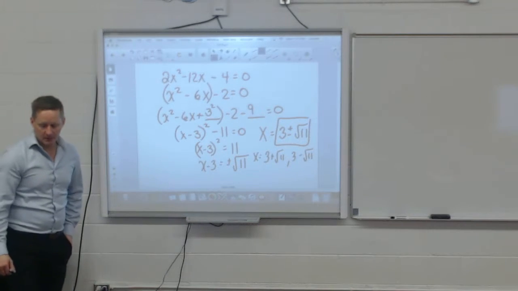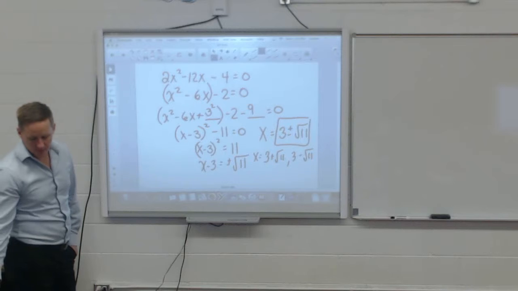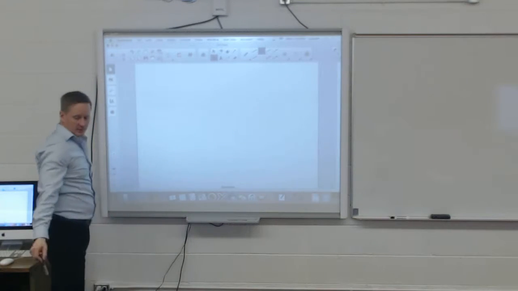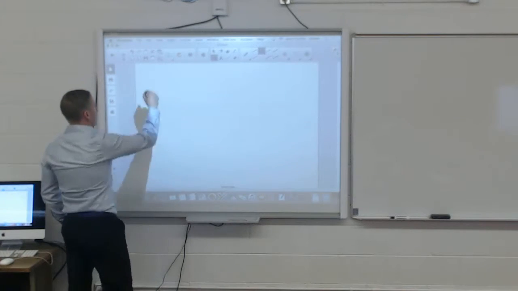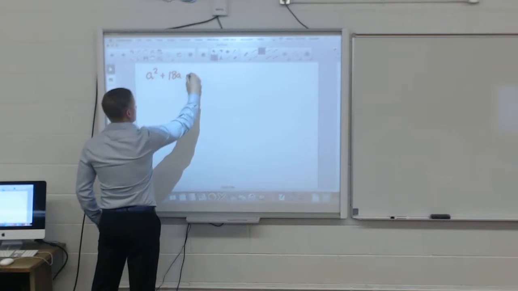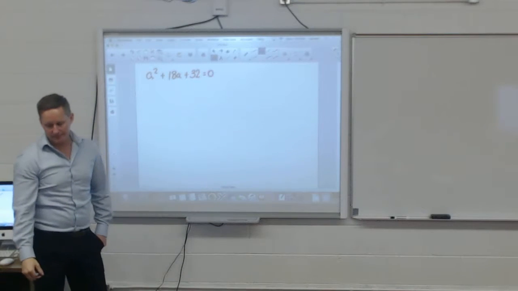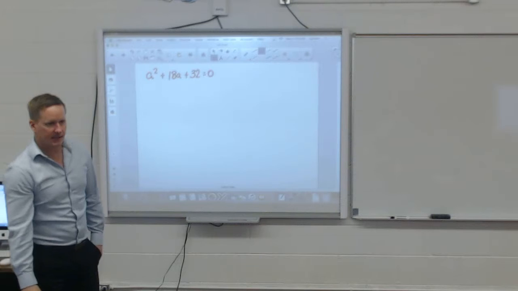Okay, let's look at working example 2a. It has a² + 18a + 32 = 0. Notice I moved it over. So this is on page 166.